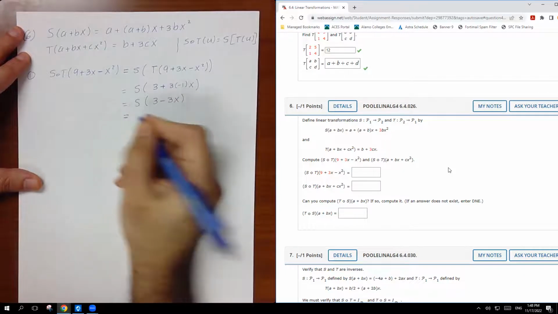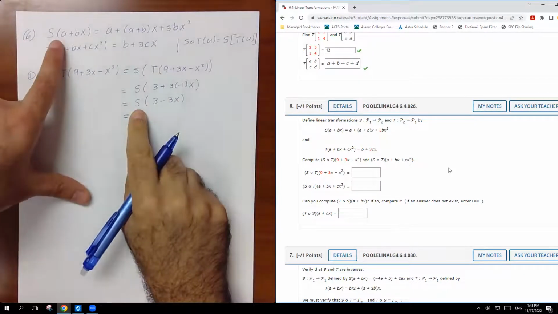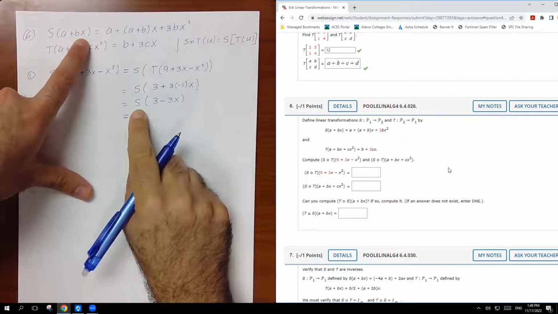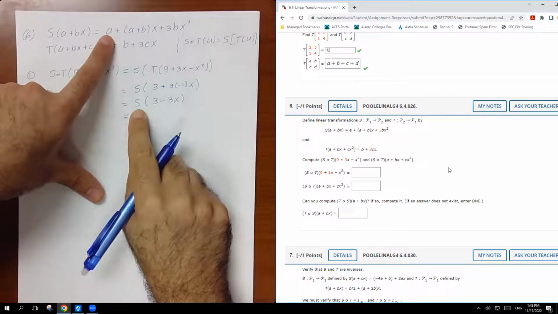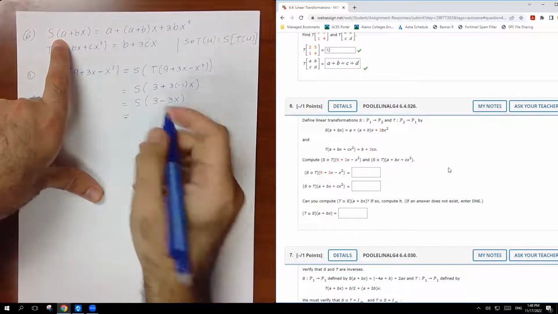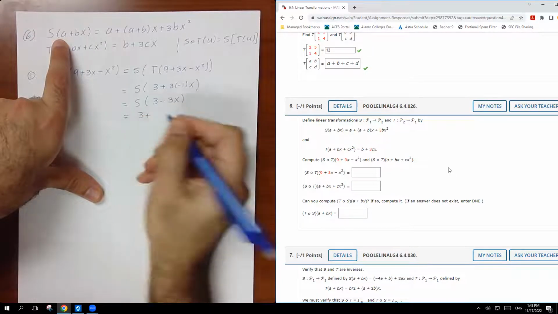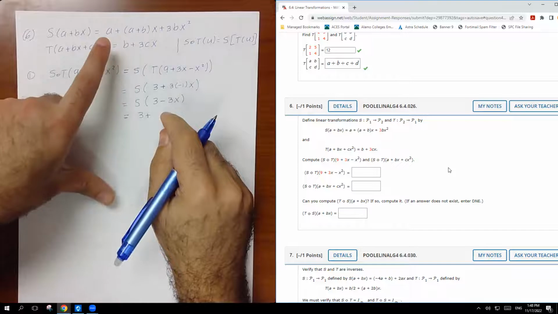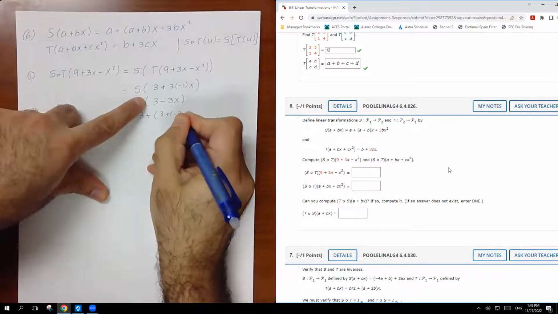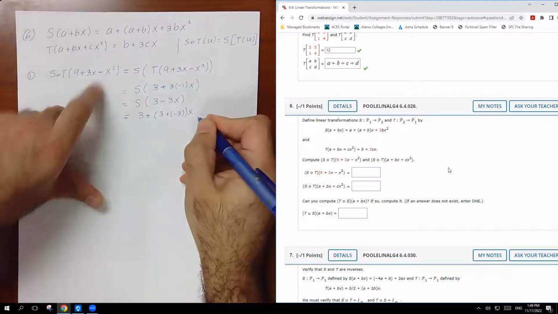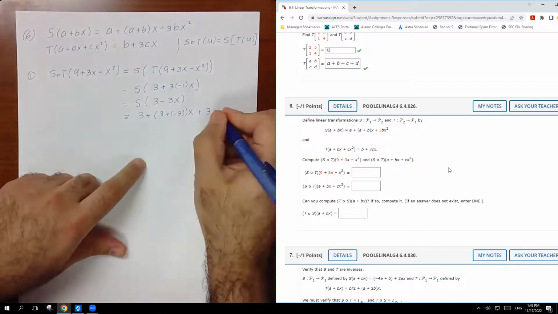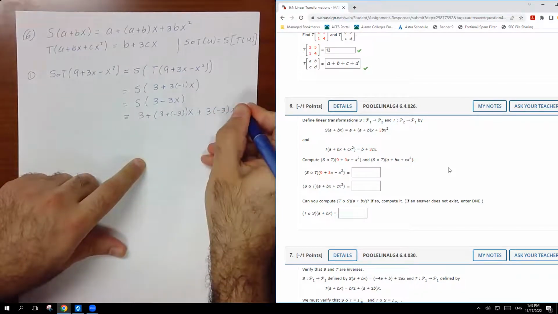Now, the next part, we're going to do the S transformation. The S transformation says A plus BX is going to be A. So where is the A here? The first number. This one is going to be the A. So it's going to be 3 plus A plus B times X. So A plus B, which is -3, times X, plus 3B, which is -3, X squared.